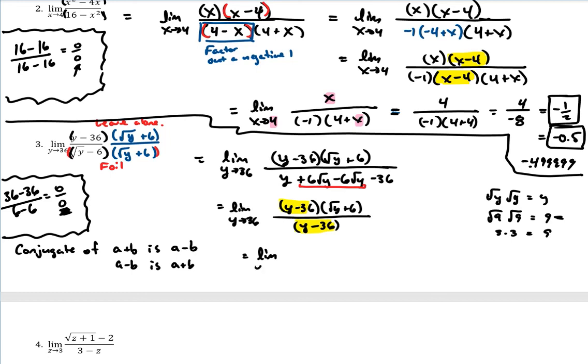And so we have the limit as y goes to 36 of, well, those cancel out. I'd have 1 as a placeholder down below, which I don't really need to write anymore. And then now we can plug in the 36 into that y value, and we get the square root of 36 plus 6. Well, that is 6 plus 6, which is 12.